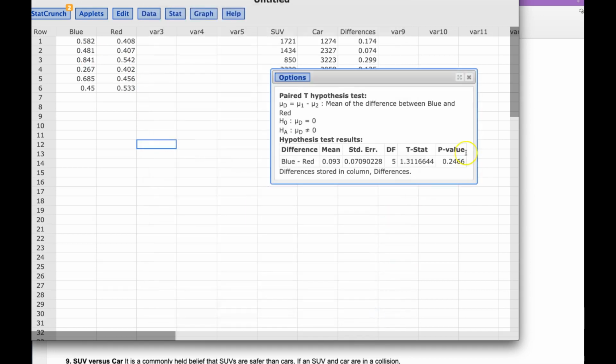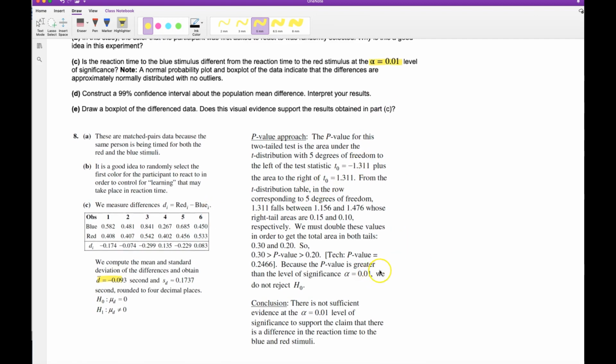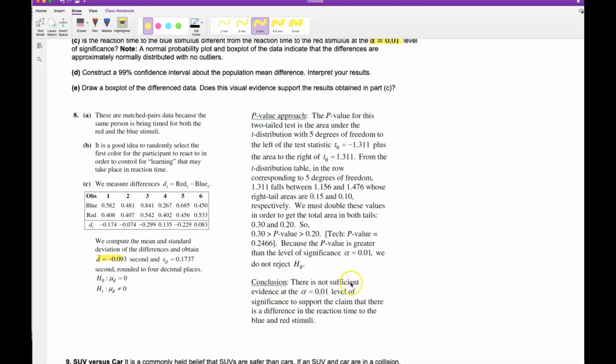You compute, and you get a p-value and a test statistic, and this number is bigger than the alpha of 0.01. So in that case, we would conclude there's not sufficient evidence at that level to support the claim there's a difference in reaction time, since we're not going to reject the null hypothesis, so it's do not reject.